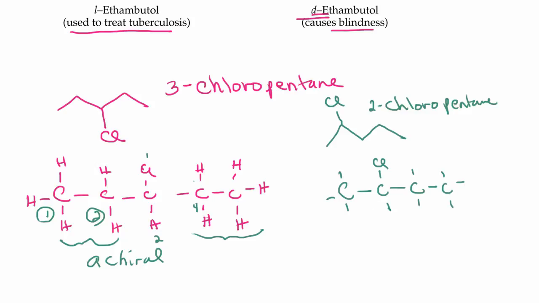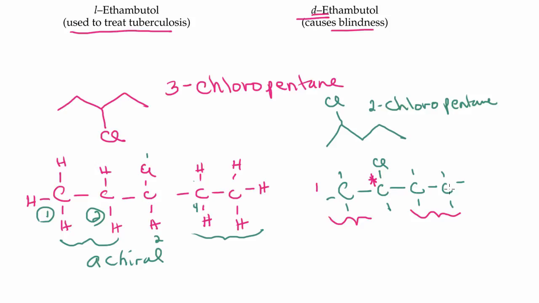And let's go ahead then and look at carbon number 1. It is not chiral. It has 3 hydrogens. Carbon number 2. What we have is a chlorine. We have a hydrogen. We have this methyl group, and we have an ethyl group. Looks like carbon number 2 is chiral.